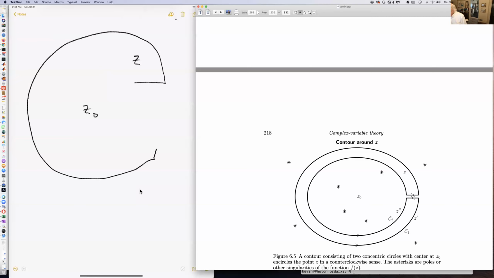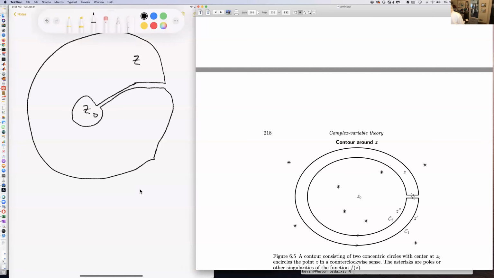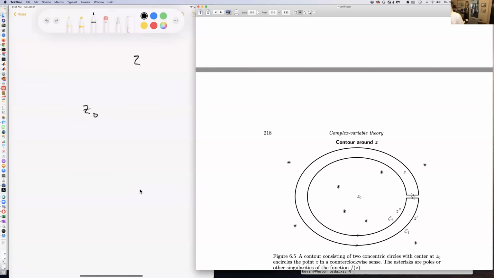Well, okay, I've screwed up the contour a little bit here. Mathematically it's okay, but it really looks kind of funny. All right, so that's our picture of, oh no, I screwed up. Let me just undo the whole thing and start over again.